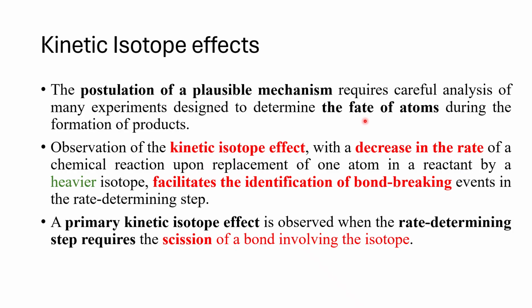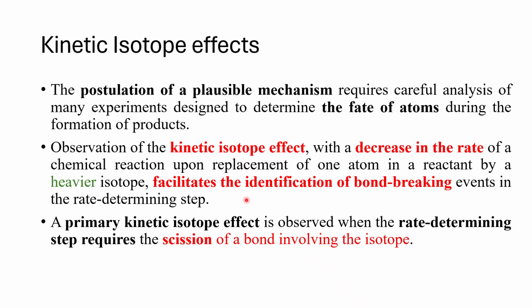So that's why a kinetic isotope effect is observed as a decrease in the rate of the chemical reaction when one atom in the reactant is replaced by a heavier isotope. Observing this effect facilitates the identification of bond-breaking events in the rate-determining step.